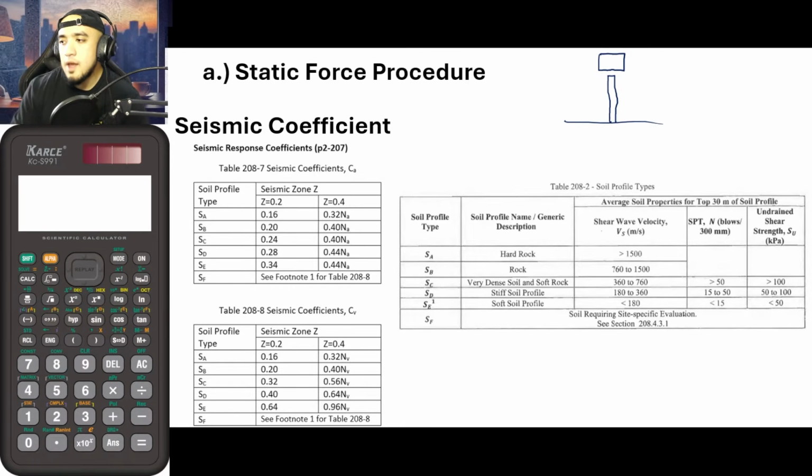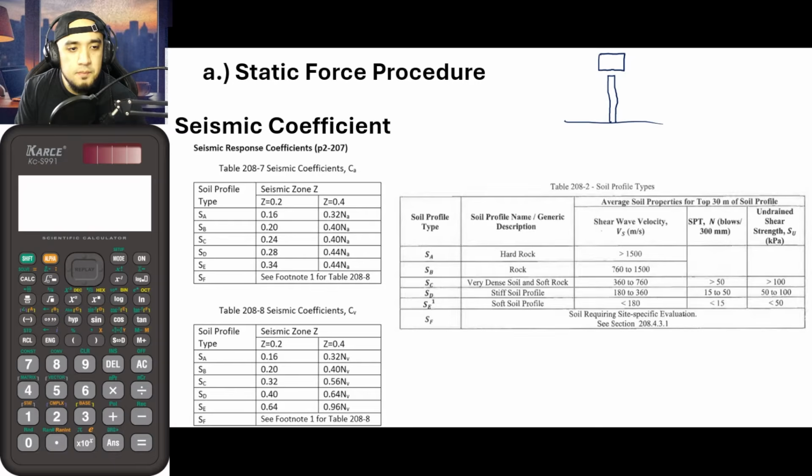Pupukpukin po yan with the height of 760 mm na height. So the hammer will be elevated at a height of approximately 30 inches. Then it will be dropped. So free falling body. And ayun.